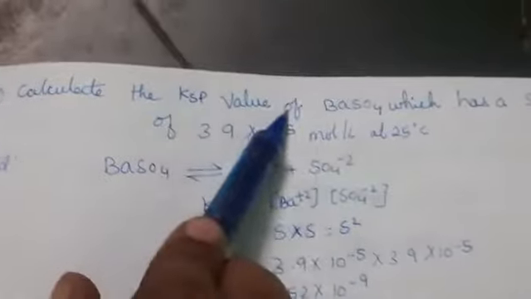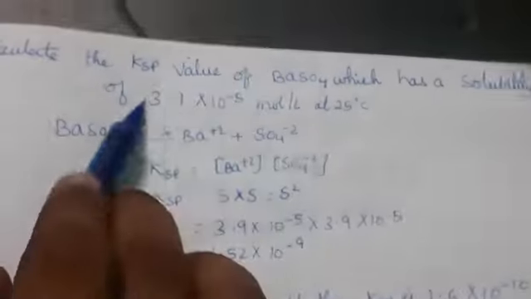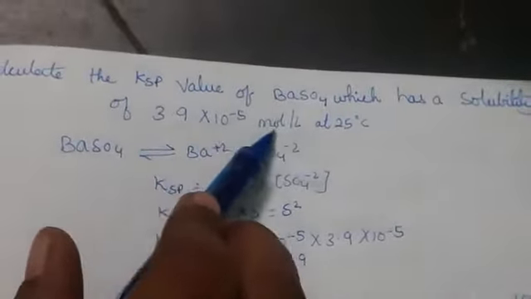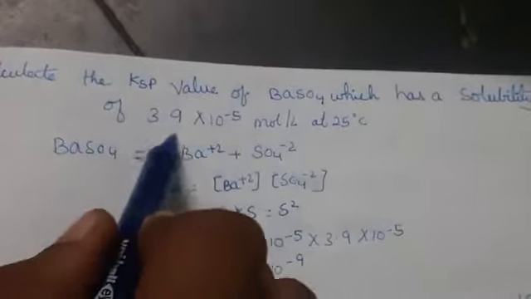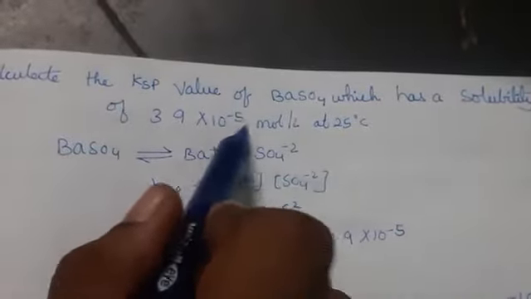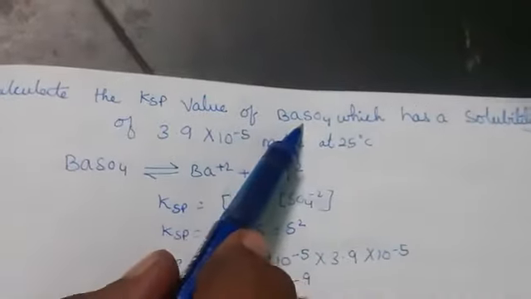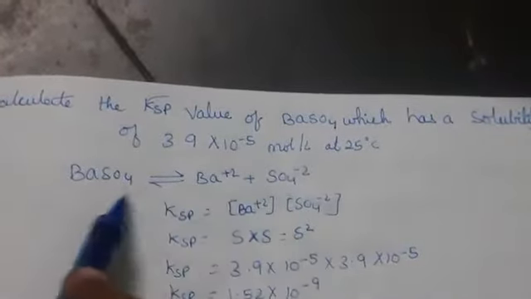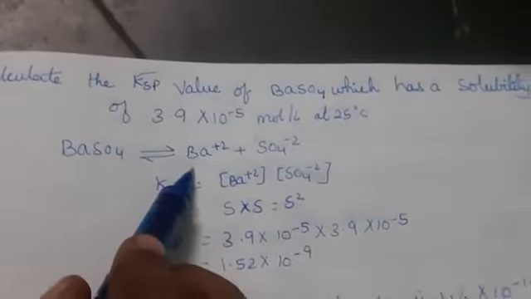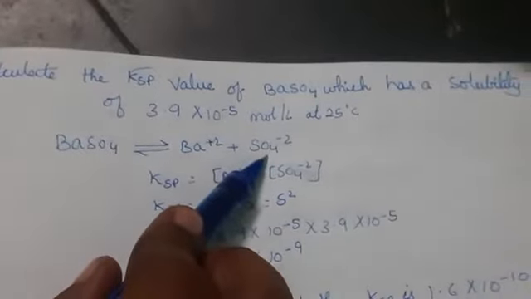So see here, the given question is: calculate the Ksp value of BaSO4 which has a solubility of 3.9 into 10 power minus 5 mole per liter at 25 degrees. So they have given a fixed temperature and the solubility value. They told us to calculate the solubility product of BaSO4. So how are we going to write this equation? BaSO4 is written as Ba plus 2 plus SO4 minus 2.